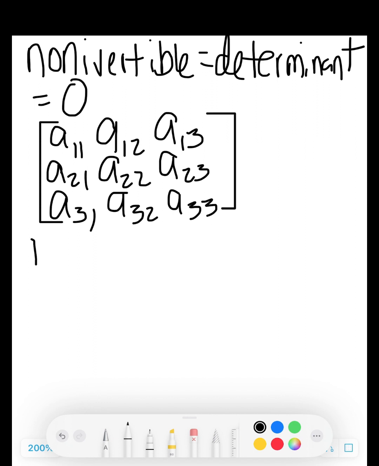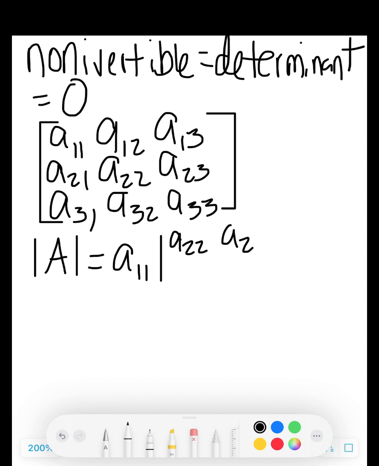To find the determinant of A, we have to do this big complicated operation here. So we're going to take the value of A11 and multiply that by the determinant of another matrix that we make. And we can't use the values in the same row or column as it. So what's left is A22, A23, sorry, these are just the values, A32 and A33.